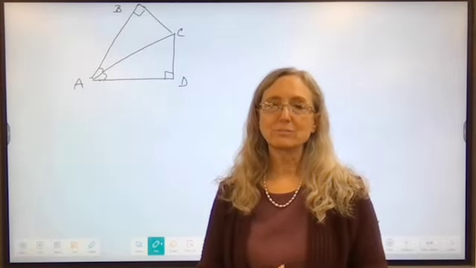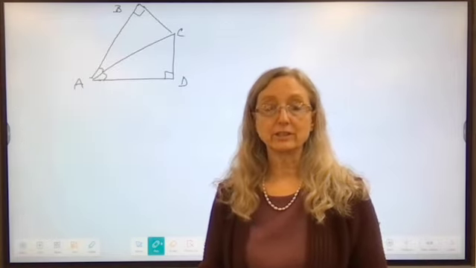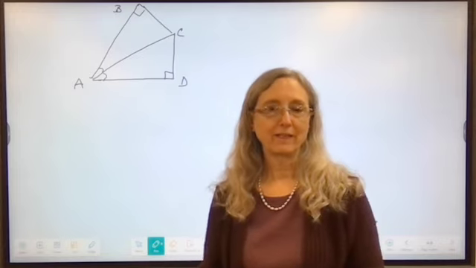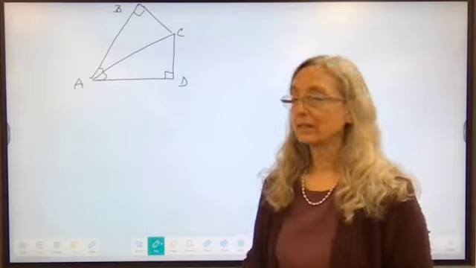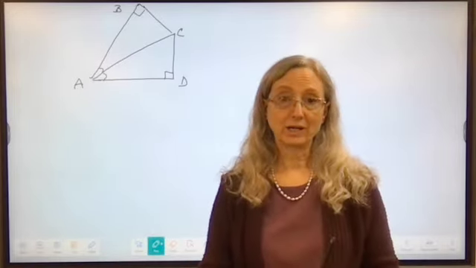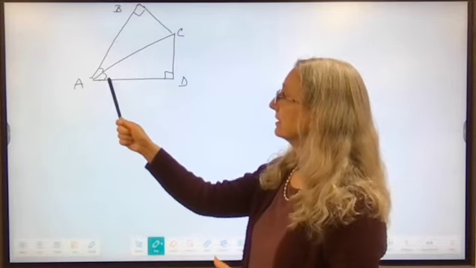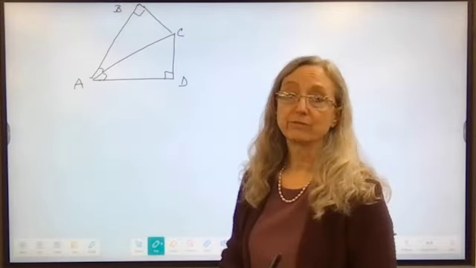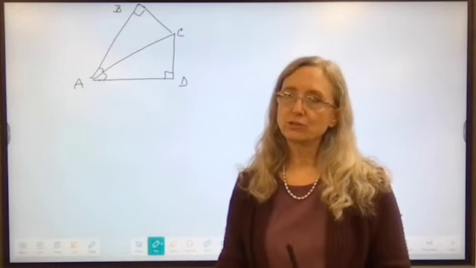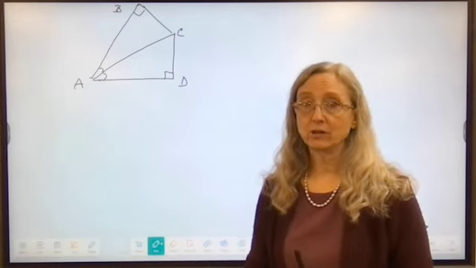All right, let's look at some figures and see, just by looking, would we be able to prove that these two triangles are congruent? If I look at this figure, the way it's labeled, I see these two angles, angle B and angle D, are right angles. And I see these two angles here, both of them at A, are congruent to each other. So can I show that they're congruent?